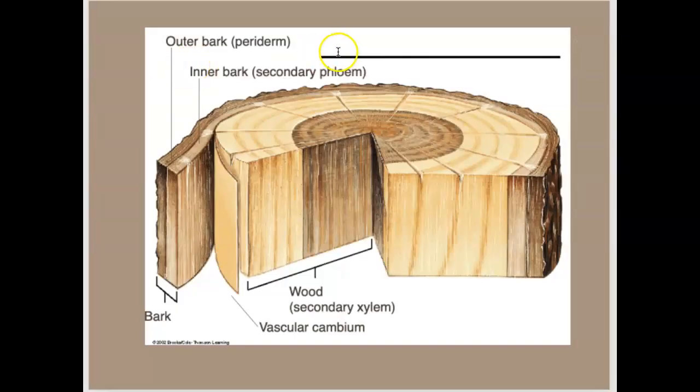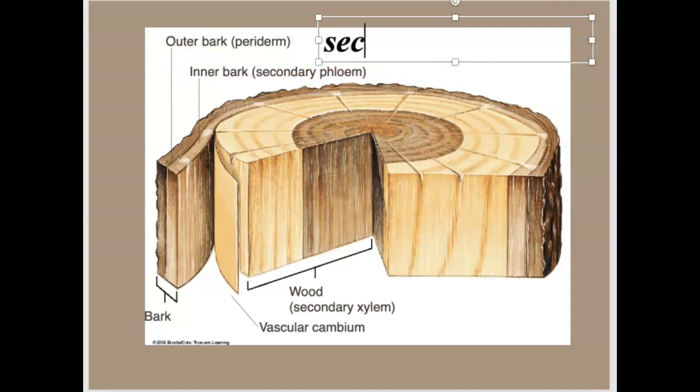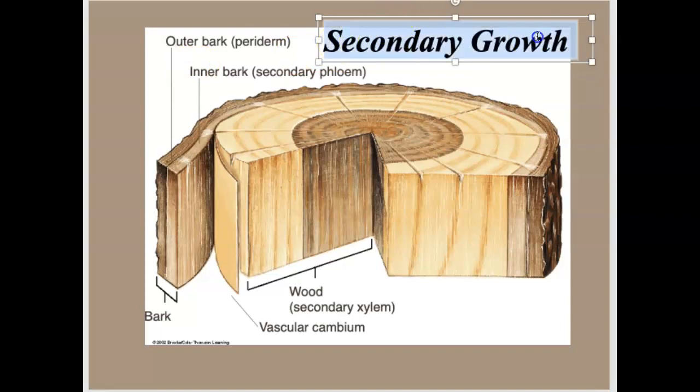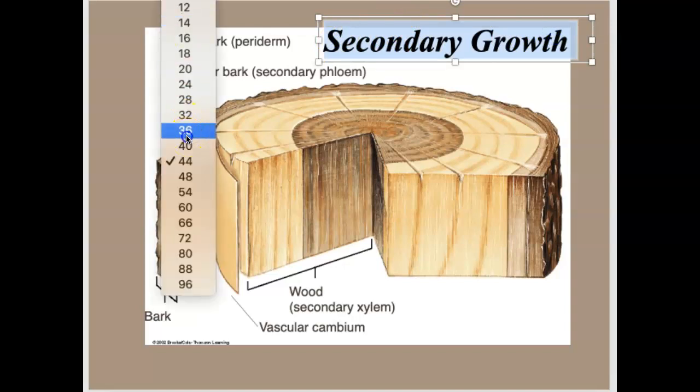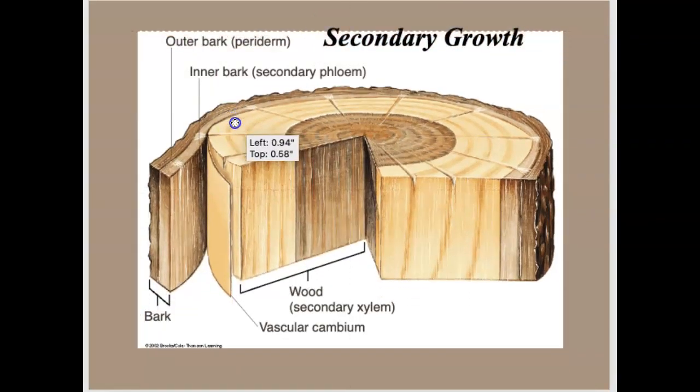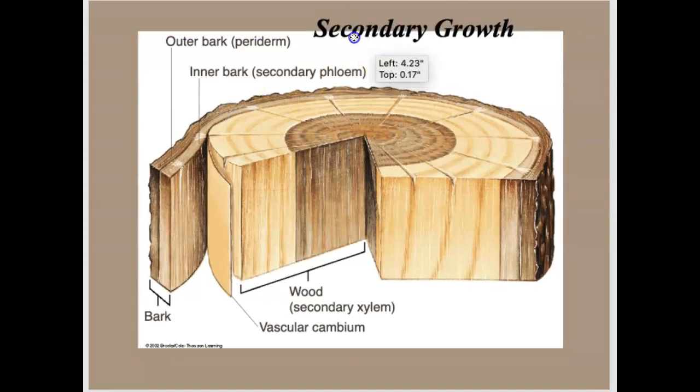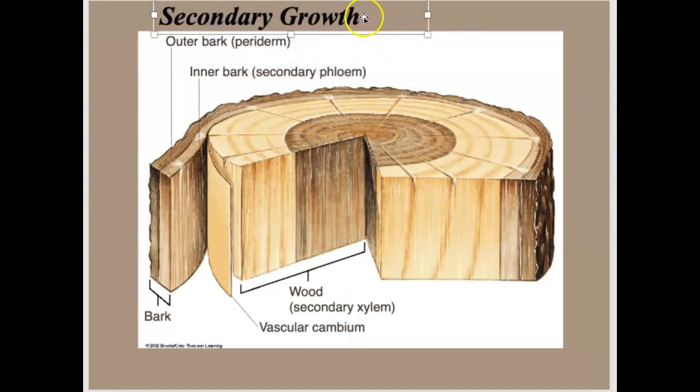The other type of growth to mention here is what we call secondary. So secondary growth is something that we see happening primarily in woody plants. So think about your trees.